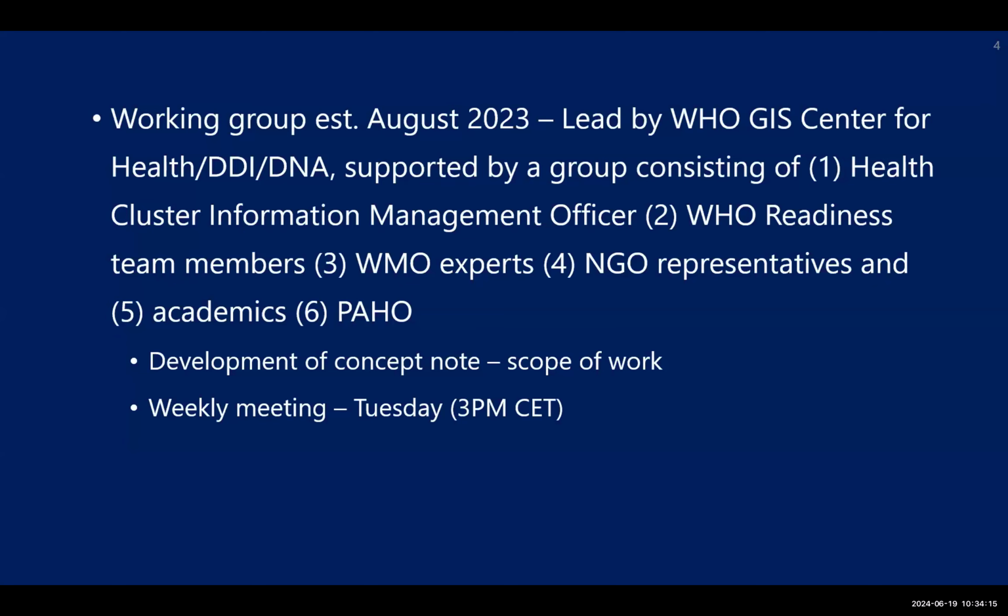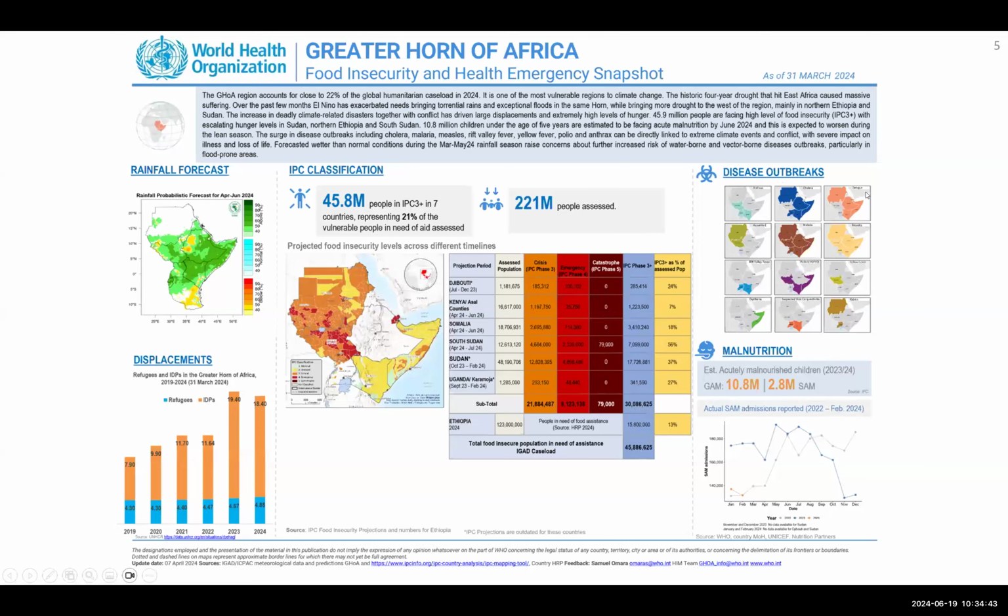We worked also with the WHO readiness team, and we involved WMO experts, and we are also currently working with a number of NGOs within this working group. Recently, our colleagues from POWER also joined. One of the first things we did was to come up with a concept note around the scope of work that this working group would be involved in. And we currently have a weekly meeting that happens every Tuesday.